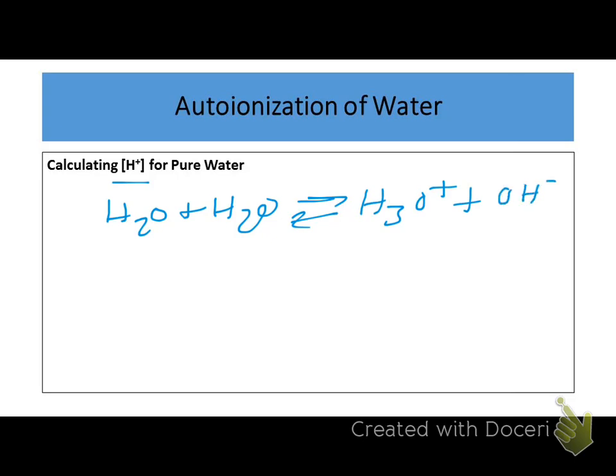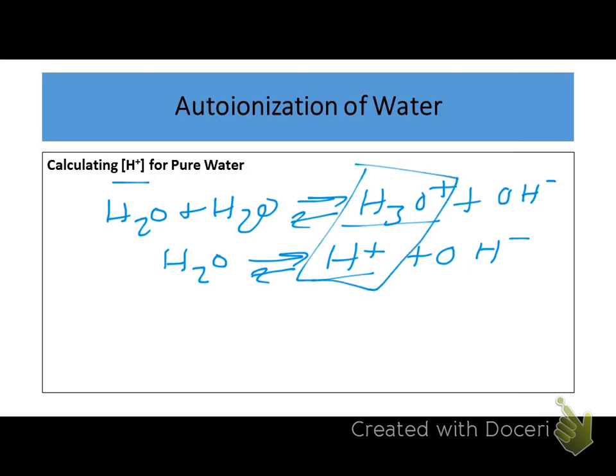Now we can simplify this and just say that water reacts with itself and breaks down to form H plus and OH minus. So essentially the hydronium ion and the H plus we can consider being the same thing. And so often we're going to just use H plus instead of the hydronium ion. So from here on out, the hydronium ion and H plus are going to mean the same thing. It's just that we're making the equation a little simpler.